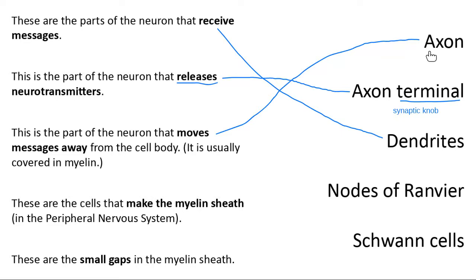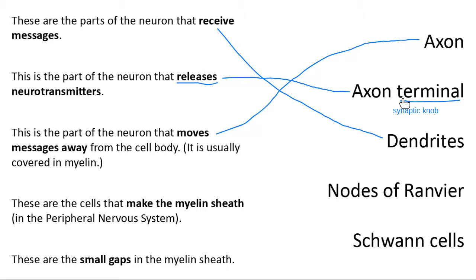So my axon takes messages away, my dendrite receives messages, and at the very end of my neuron, I spit out messages that I'm sharing with somebody else at a place called the axon terminal.